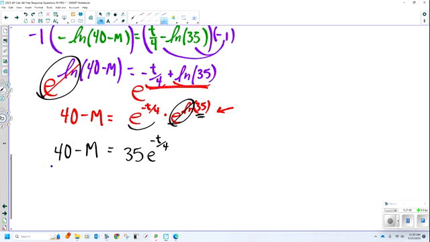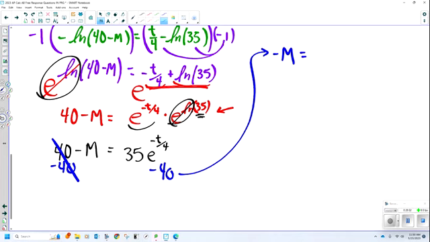All right, so let's subtract 40 from both sides. Let's put it over here because we're almost done. Okay, so now I got my negative m still, because these 40s cancel, equals 35 e to the negative t over 4 minus my 40. The only thing left is to get rid of that negative.